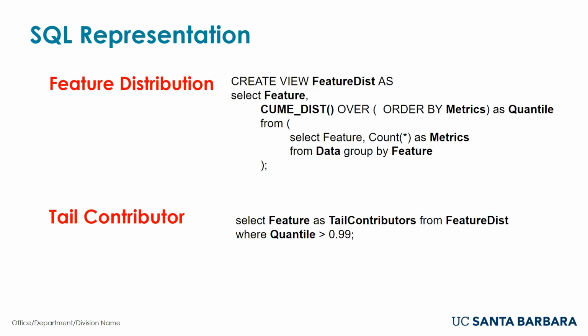Here we assume we're using the count operator as the metric, and then we calculate the cumulative distribution over the metric. In addition, the tail contributor can be seen as selecting features as tail contributors from the feature distribution where the quantile value is above the threshold. In this example, we assume the threshold is 0.99.